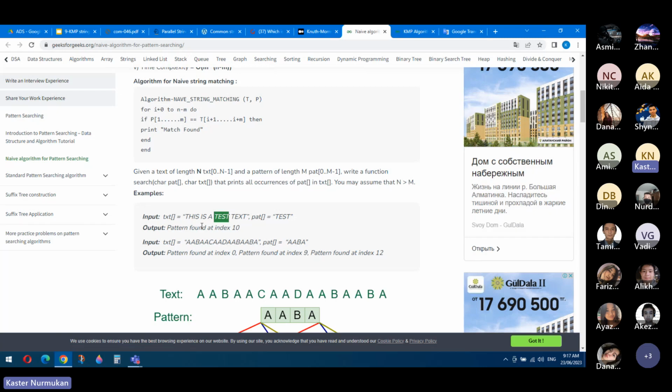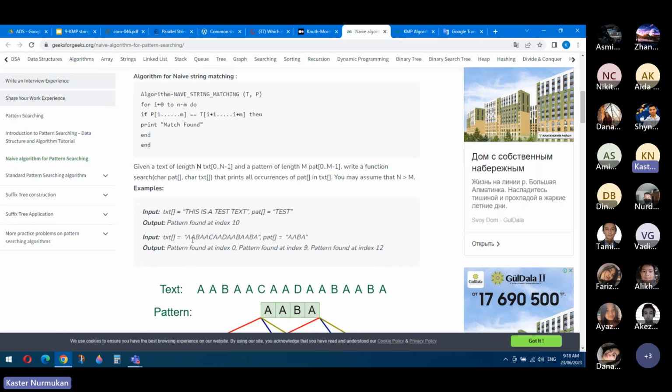That's the whole comparing process. What this means is m multiplied by n, a kind of quadratic time complexity, which we don't like, but nevertheless it's very straightforward.